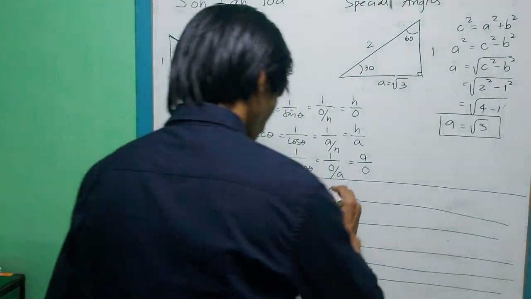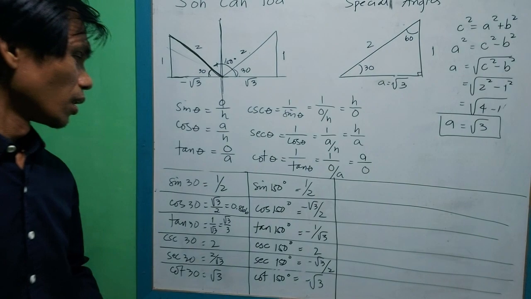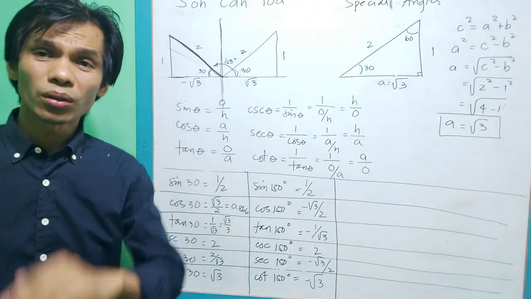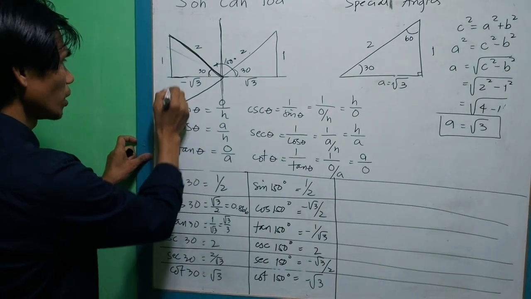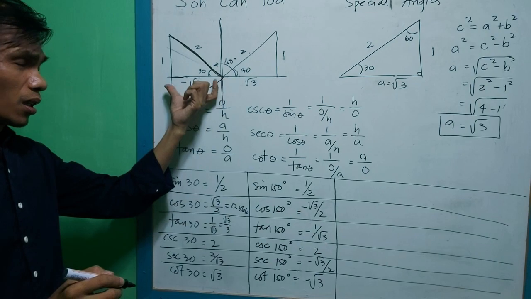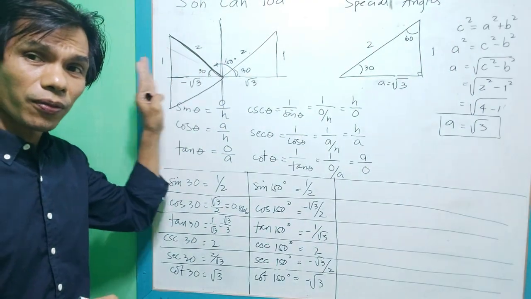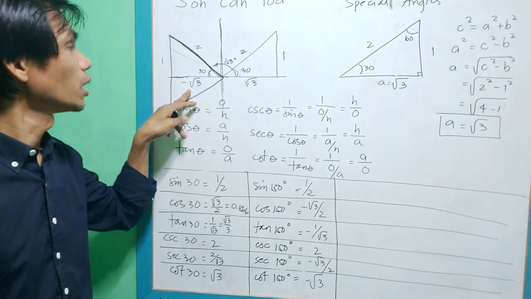Now, ano na yung susunod? Nakita nyo? Ano yung susunod na kukunin natin? For example, ilalagay natin dito yung angle. Ayan. Sorry, medyo magulo na siya. Now, nandito pa rin siya sa left ng x. So, negative pa rin to. Negative square root of 3.